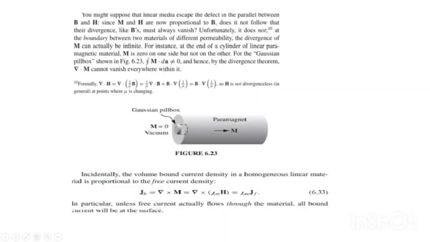From this, it is shown that the volume bound current density in a homogeneous linear material is proportional to the free current density. That is, J_b equals curl of M, which, substituting the value of M, that is chi m H, equals chi m J_f. That is, unless free current actually flows through the material, all bound current will be at the surface.